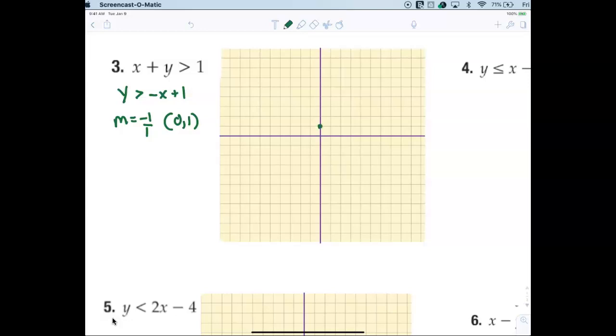So now we plot the point (0, 1). This time we go down 1 over 1, down 1 over 1. What kind of line? Dotted line. Thank you for listening.